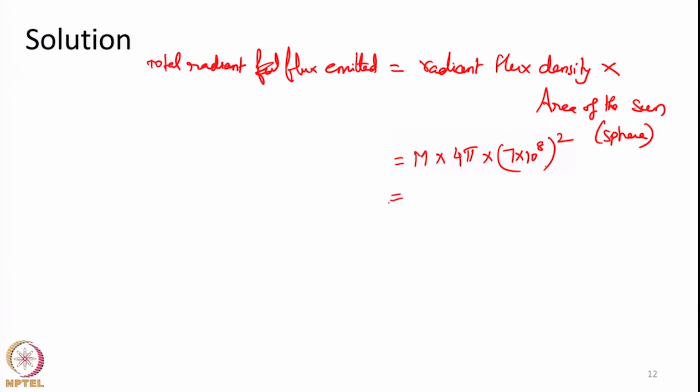If you do this, the total power radiated by the sun will be 3.8698 into 10 power 26, and the unit is watts, because I have converted radiant flux density into radiant flux. I have multiplied the power emitted per unit area with the area, and hence the area terms get cancelled out, and the unit remains as watts.